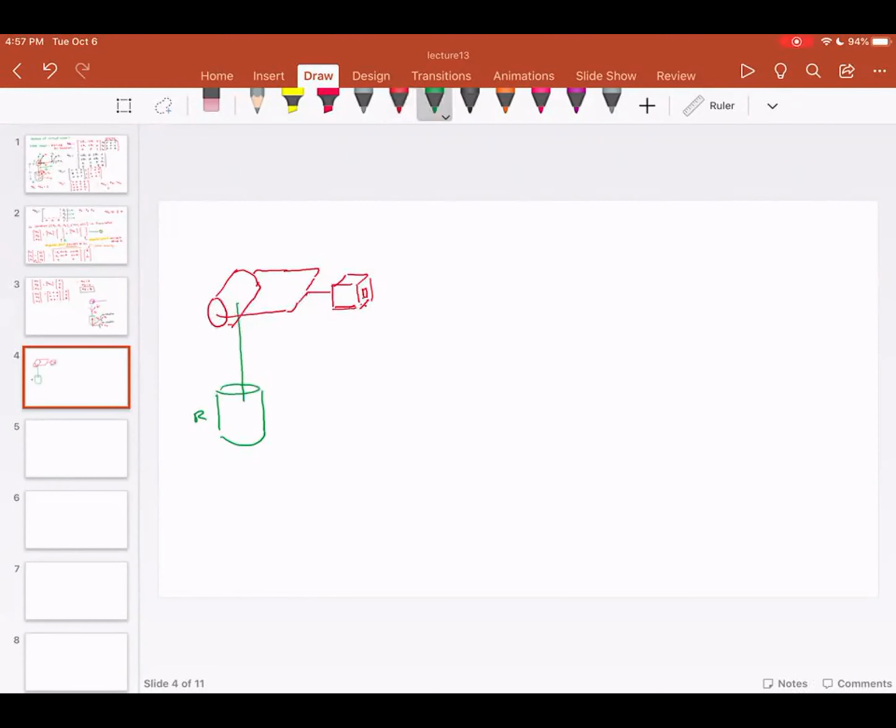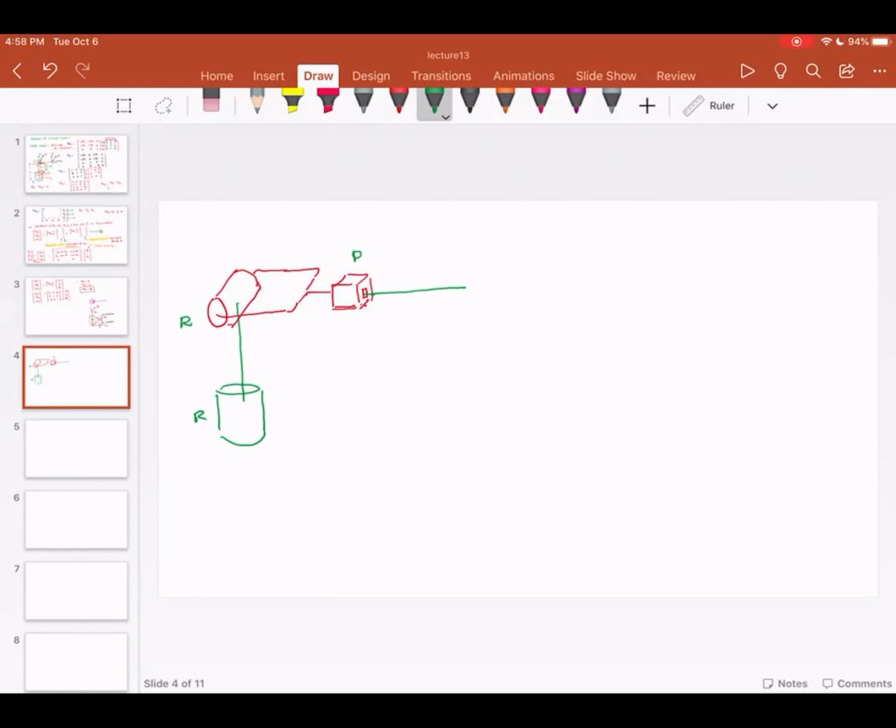So you have R, R, and P. And now what we want to do is the same thing: use MATLAB to find the Jacobian.